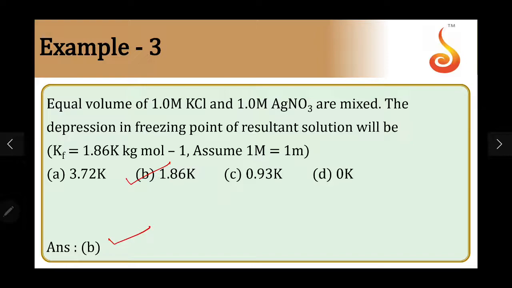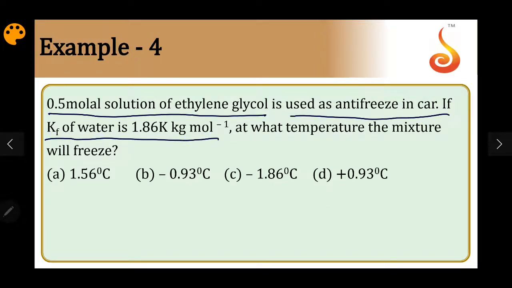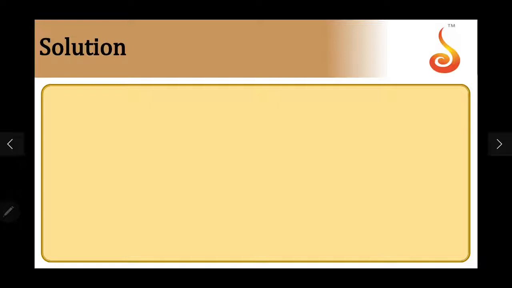Example 4. 0.5 molar solution of ethylene glycol is used as an antifreeze in the car. If Kf of water is 1.86, at what temperature will the mixture freeze? So simple problem. So molarity is given, Kf is given, get delta T. So delta T is equal to Kf into molarity.